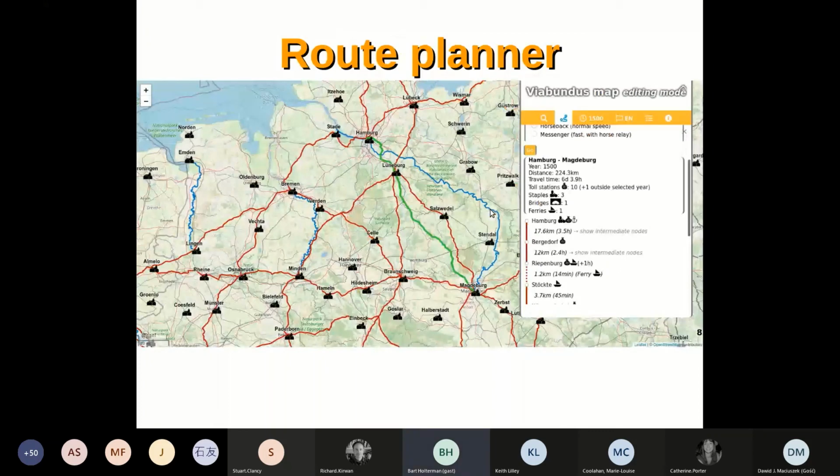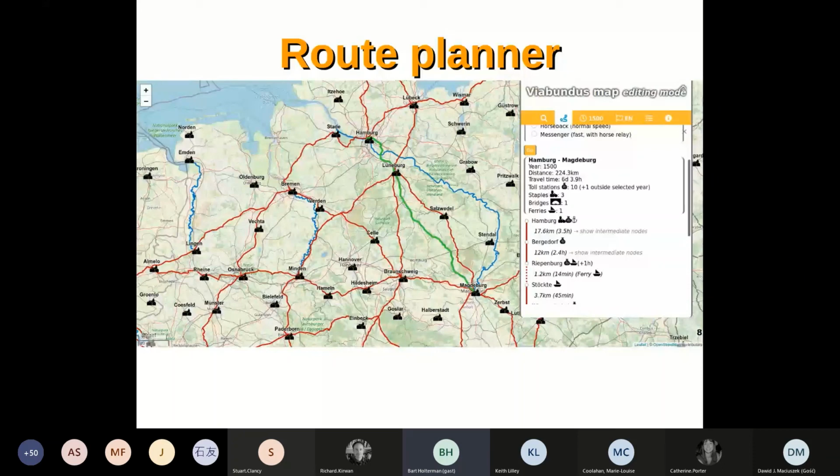Finally, to conclude, just an example of the route planner that we came up with. It is a fairly simple shortest route calculator that just shows you the shortest route between 2 points.